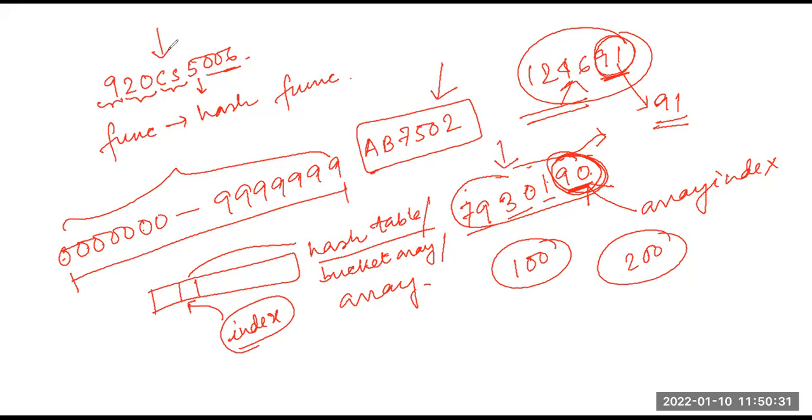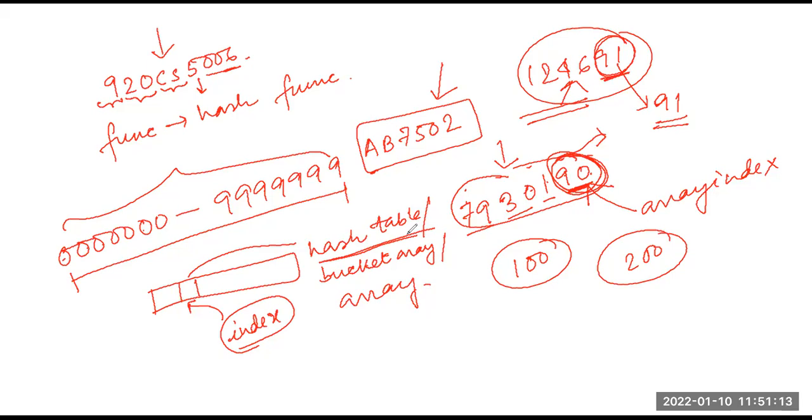I will apply the hash function on my key in order to diminish this entire long thing into a very small index location, depending on the index locations referred to in my particular hash table. So I need to convert or transform my key to a suitable index according to my hash table. And this transformation is done by a function which is known as a hash function.